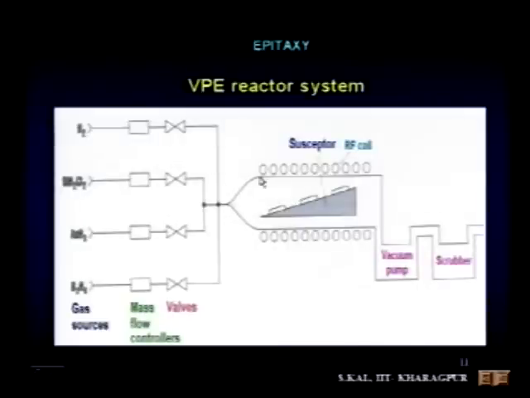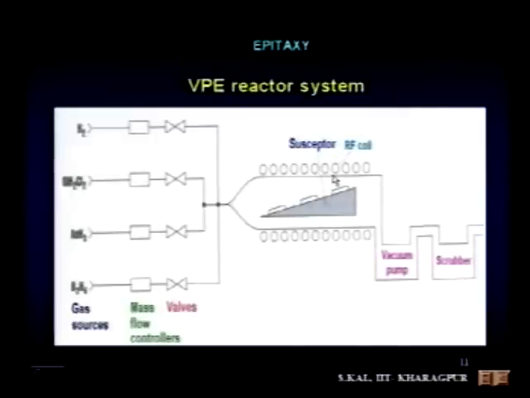There the wall of the reactor will be hot, and at the same time the substrate and susceptor combination will also be hot. The substrates are kept on a container which is known as a susceptor. You see, this is the susceptor, the container of the silicon substrate.